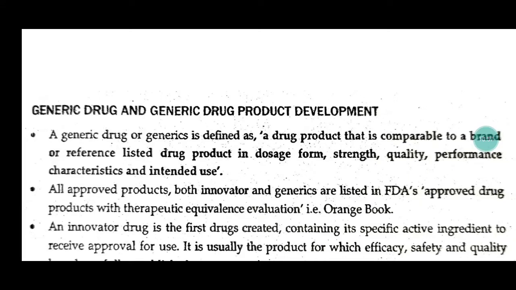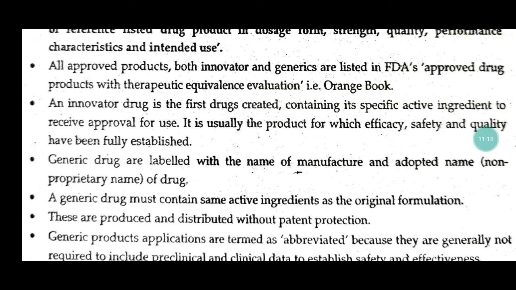So all approved products, both innovator and generics, are listed in the FDA's approved drug products with therapeutic equivalence evaluation, that is the Orange Book, where the innovator drug is the first drug which is created containing its specific active ingredient to receive approval for use. It is usually the product whose efficacy, safety and quality have been fully established.